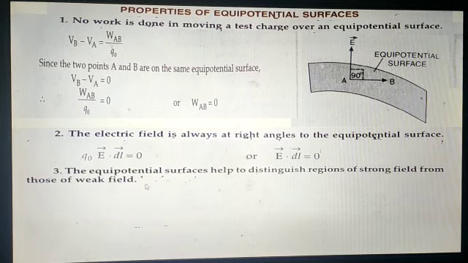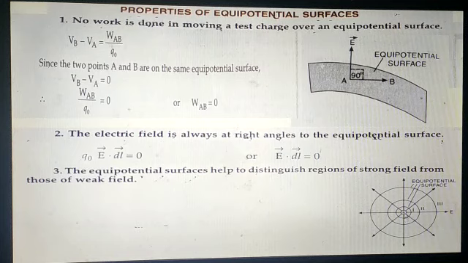Now the next point. The equipotential surface helps to distinguish regions of strong electric field from those of weak electric field. You need to understand this. By studying the equipotential surface, we can guess where the electric field is more and where it is less.